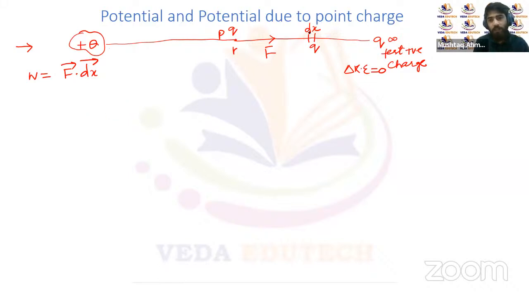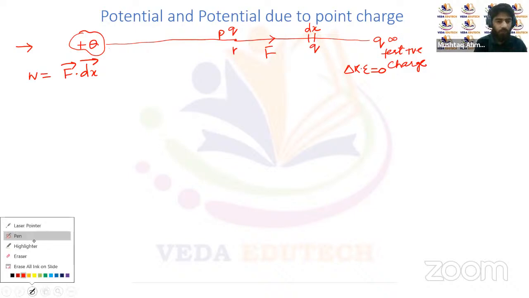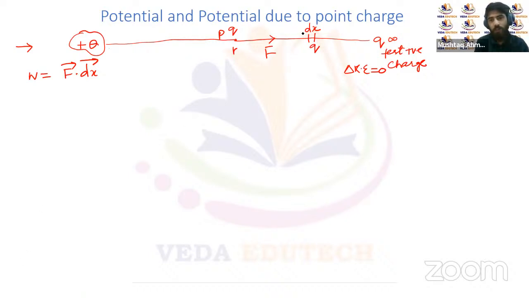We can see that the direction of this displacement vector is opposite to this electric field, and this is the direction of the force, right? We have to do the work against this force, so the angle between force and displacement vector is going to be equal to 180 degrees.